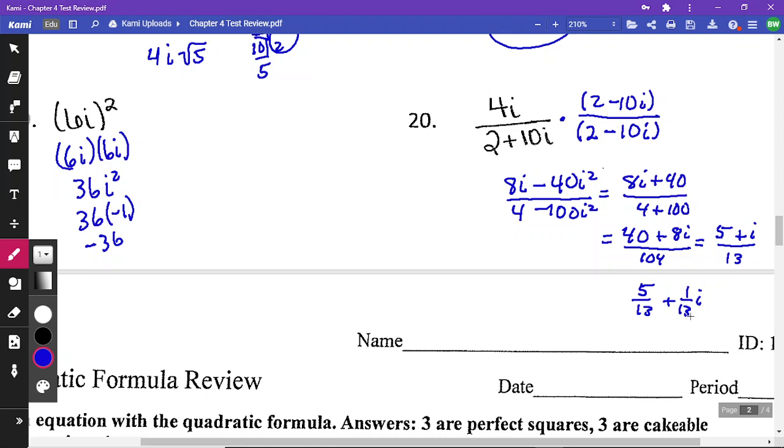Okay, write it like that. Or you could write i over 13 for the second one. Or it's actually okay with me if you leave it like this. I'm not going to be real strict on that.